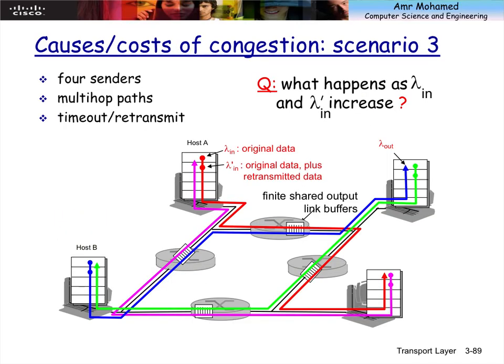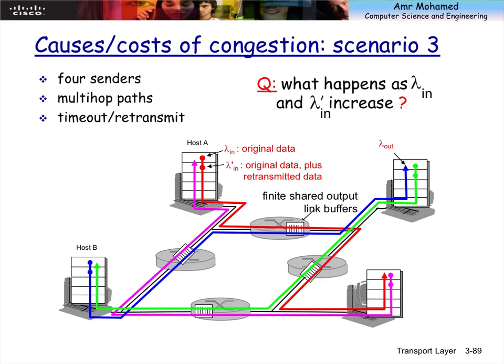So in this scenario, we have multiple applications. Each two applications are communicating through two routers. Two routers, not one. Okay?